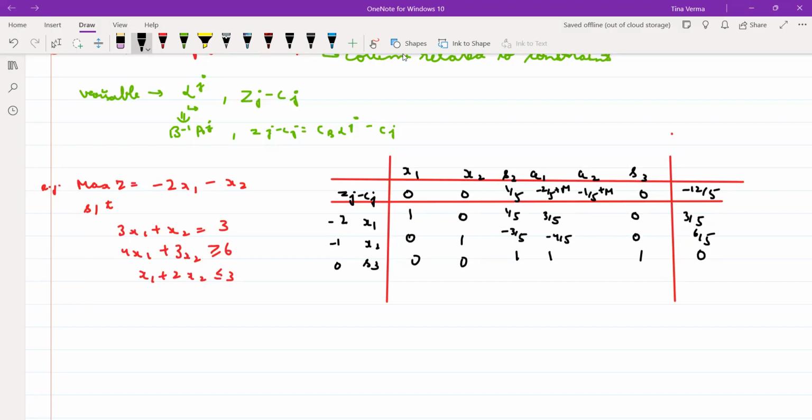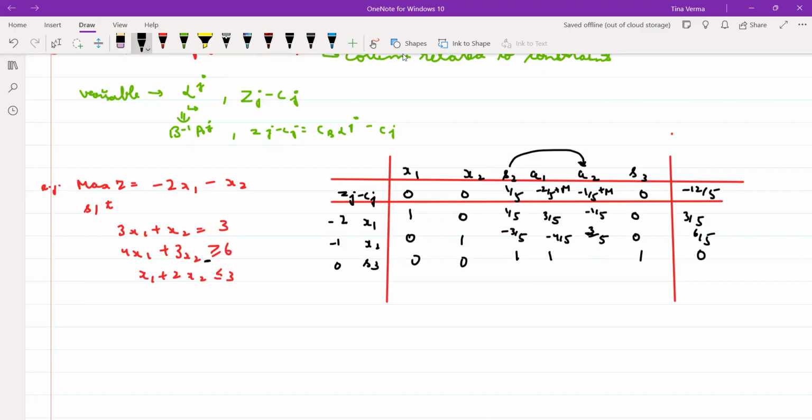Suppose this entry is not given to you, then it is the negative of this, that is minus 1 by 5. Why? Because you have added a surplus variable and the behavior of your artificial variable is just opposite to your surplus variable. Minus 1 by 5, 3 by 5, and this is 1 by minus 1, right?